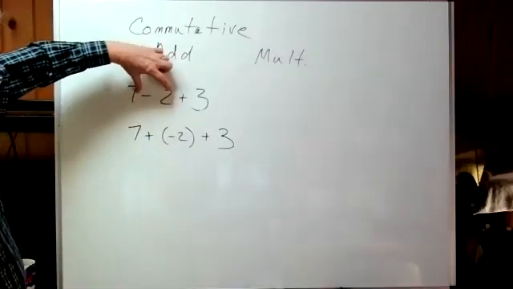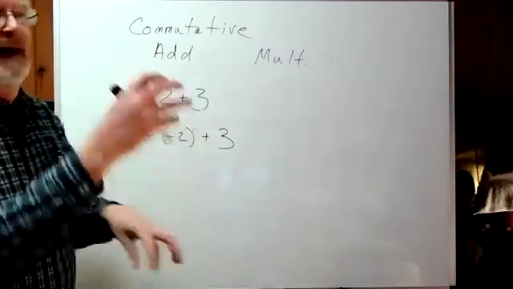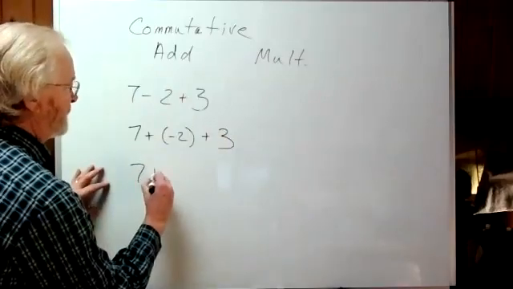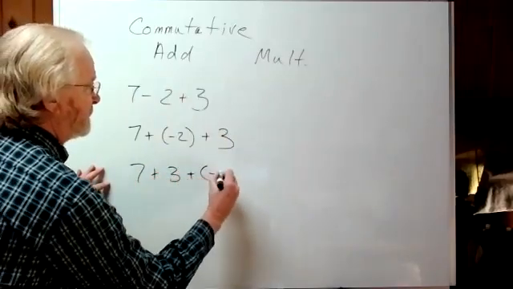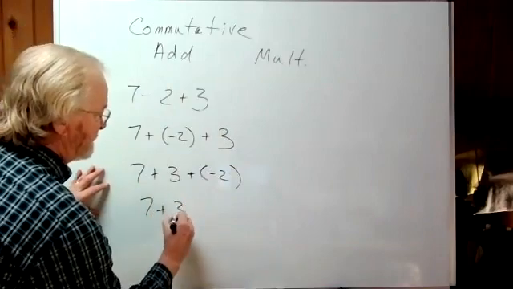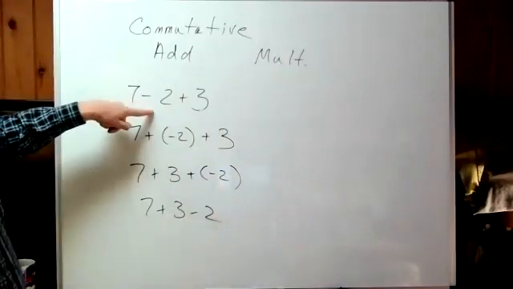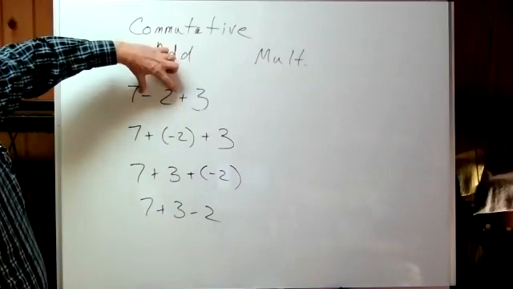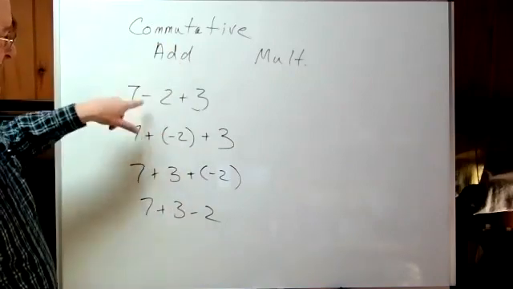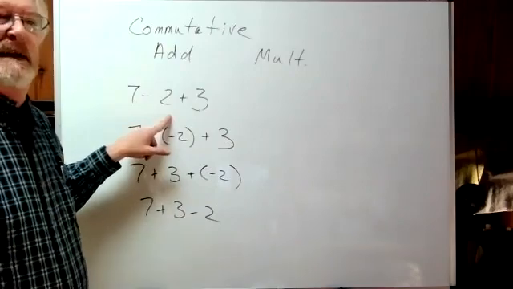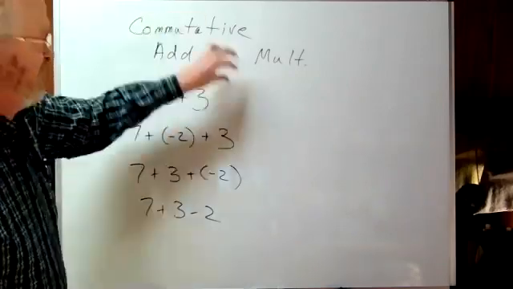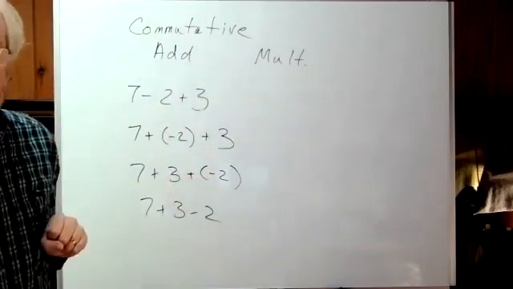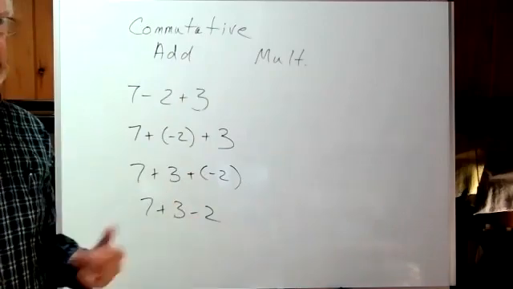As long as I keep this negative sign with the 2, I can move these pieces around. Or 7 plus 3 minus 2 is going to give me the same answer. Think of minus 2 as adding a negative, and as long as you keep the negative sign connected to the 2, you can move the piece around. I'm going to get the same answer.